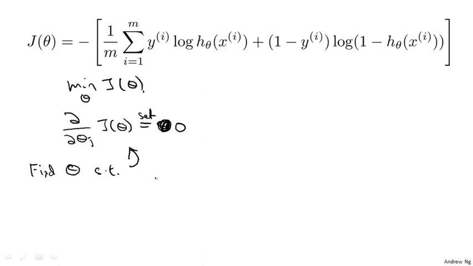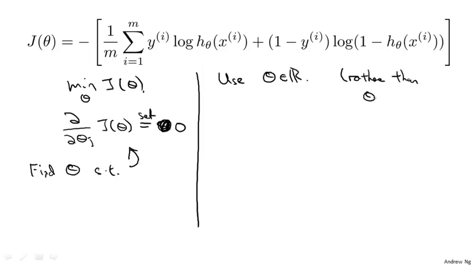In order to simplify the derivation in this video, I'm going to run through an example under the assumption that theta is a real number. Instead of using a vector-valued theta, in which theta was an n+1 dimensional vector, I'm going to run through a simpler example where theta is just a real number, and then we'll generalize it to the vector-valued case later.